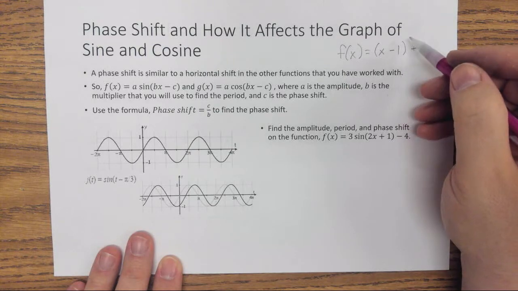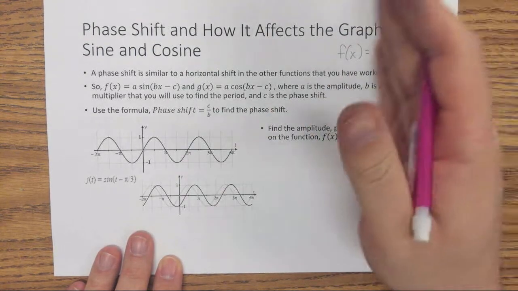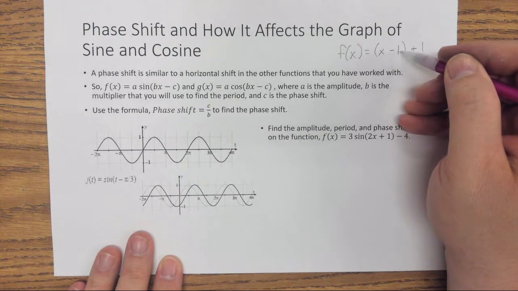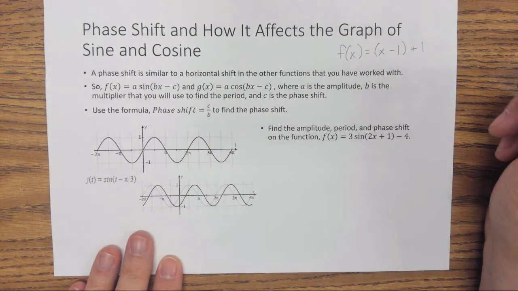Well, this piece here would shift to the left or to the right, depending upon the sign. This one was negative, so it would shift to the right. Hopefully you guys remember that.